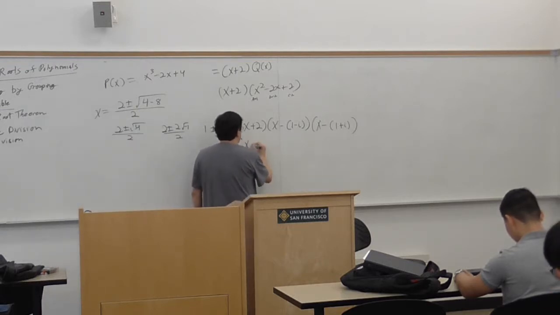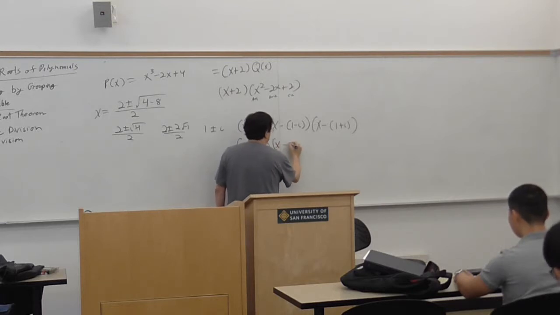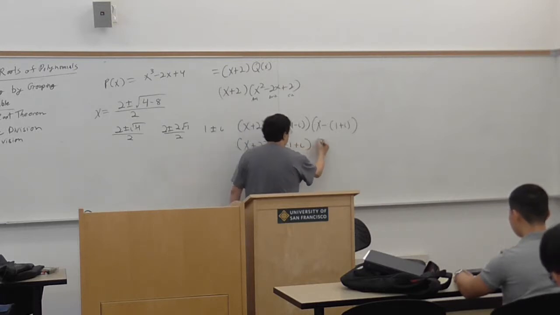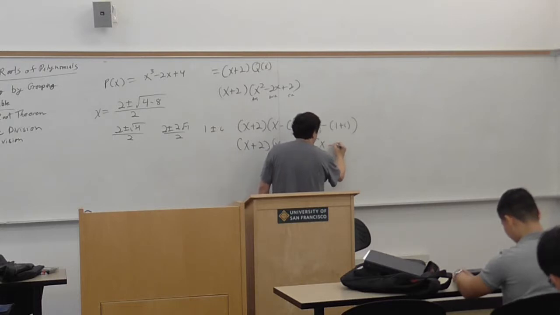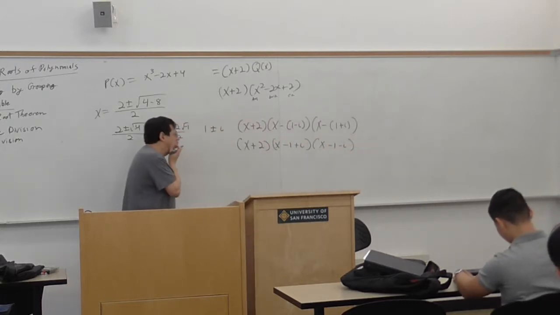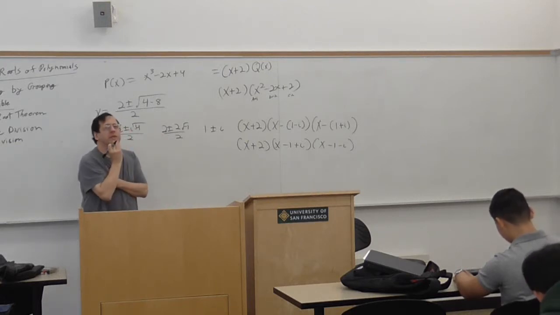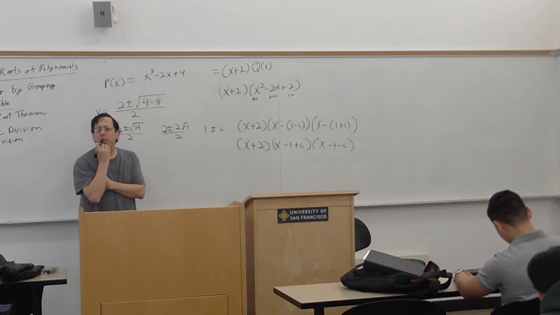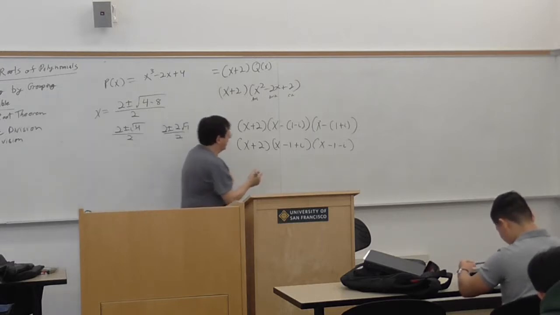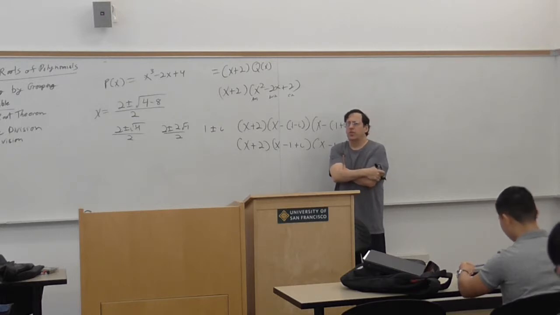I could also distribute the minus here. So minus 1 plus i, x minus 1 minus i. Now, because it'll come in handy later, I want to point out something. Have we talked about what a conjugate is?